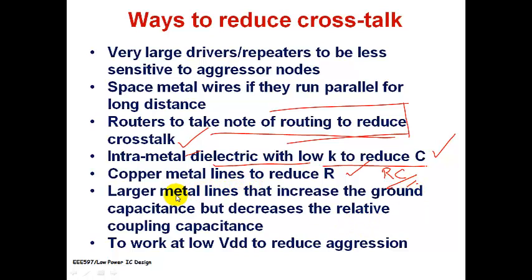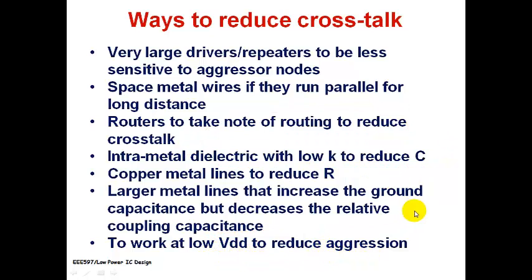And we could go for larger metal lines, but this larger metal line shouldn't increase the ground capacitance that we have discussed, though it could decrease the relative coupling capacitance. And also work at a low VDD to reduce aggression, because only if you have a jump from 0 to a sufficiently high voltage will the other one be victimized. Otherwise, if I reduce this VDD, naturally the effect is going to be less.